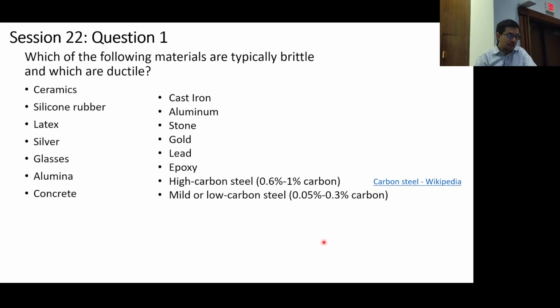Now, these may not be completely hard and fast rules. Like if you Google, is high carbon steel brittle? You're going to find some website that says no. Okay. Typically, yes. All right? Higher carbon steels are typically going to be in the brittle category.